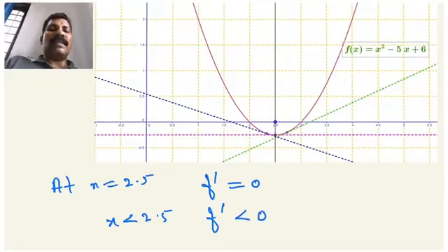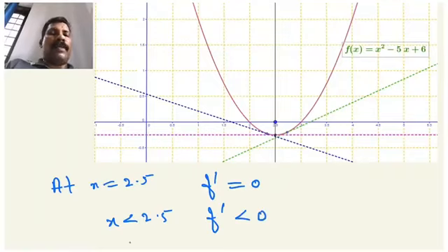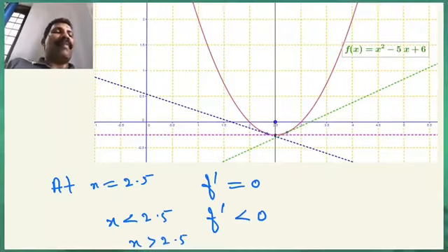And for x greater than 2.5, you can see the tangent at such points on the graph, the green colored tangents, they are having positive slope, which means the derivative will be positive.